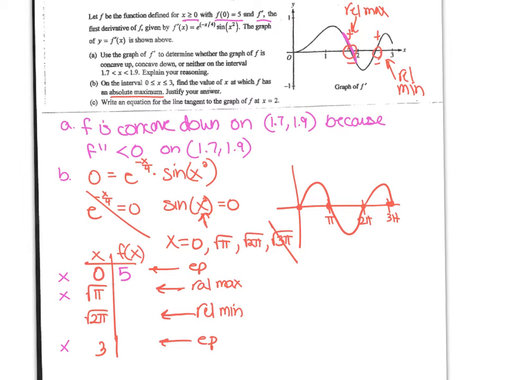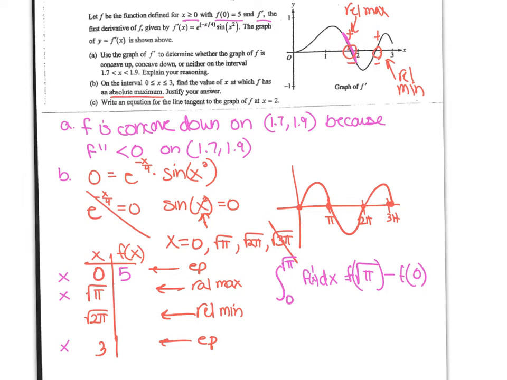So we know that the integral from 0 to square root of pi of f prime equals the function value at pi minus the function value at 0.